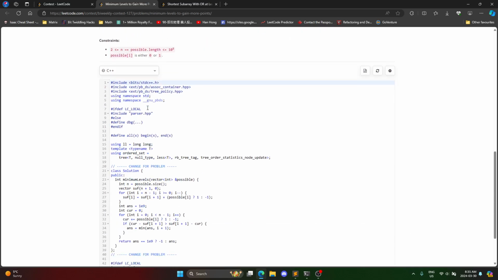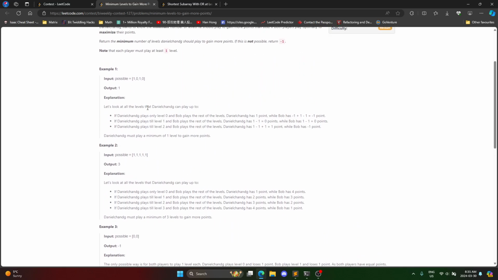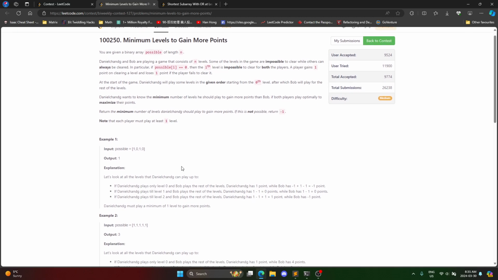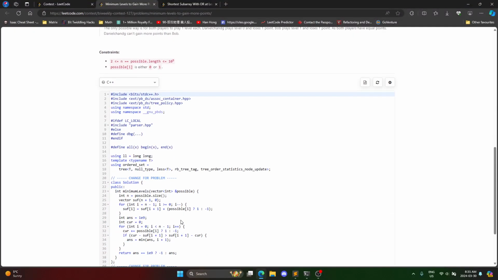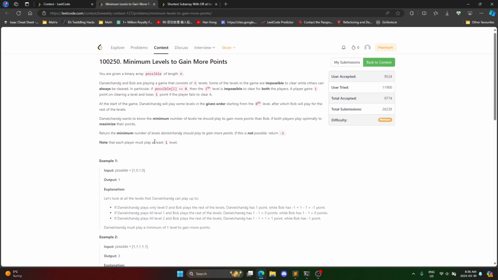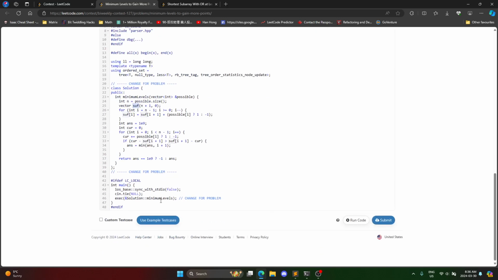So minimum levels. So what you can do is you can try every position and see if Daniel Chain will get more points. So you can calculate the suffix sum. So if Daniel plays up to level I, right, then the rest of the suffix goes to, who is his name? Bob.